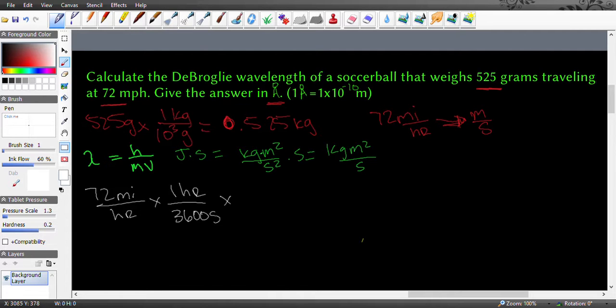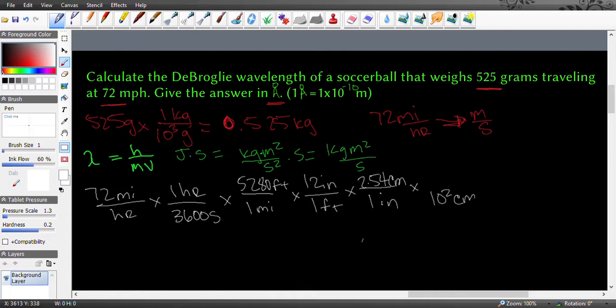Okay, that's taken care of. 1 mile is 5,280 feet, times 1 foot is 12 inches, times 1 inch is 2.54 centimeters, times 1 meter over 10 to the 2 centimeters. And that should cancel our units.